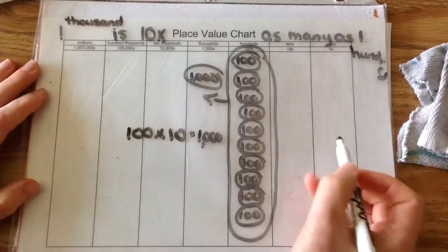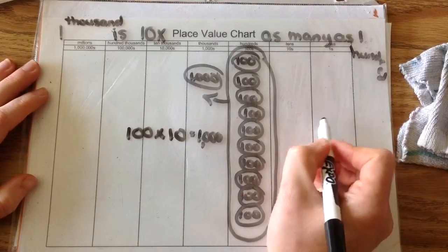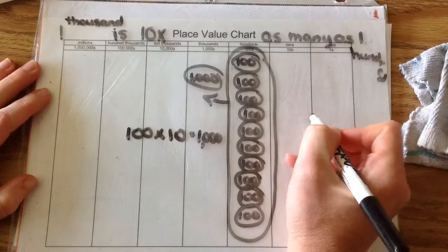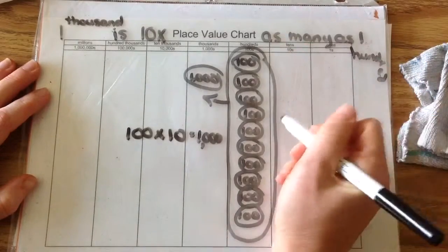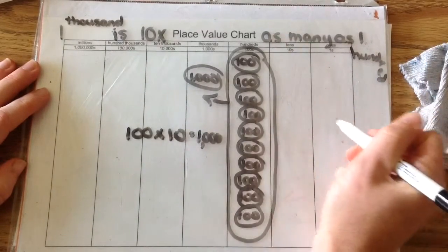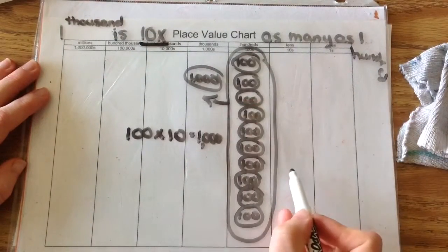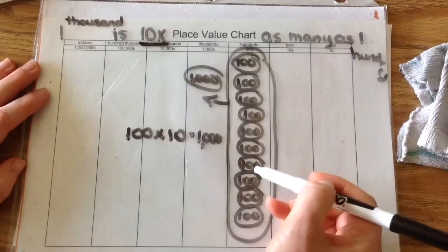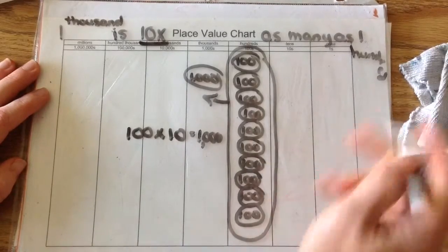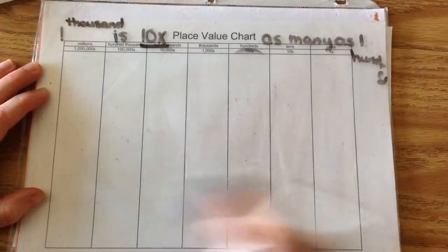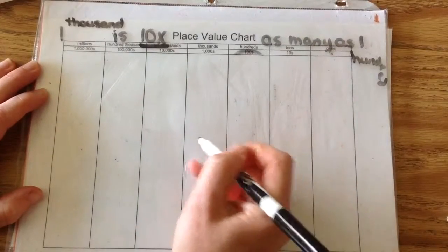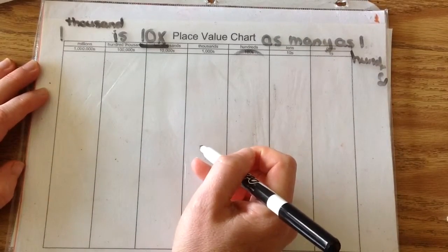Did you notice how when we went from ones to tens, we moved a whole place? We shifted to the left. So 10 times makes us shift to the left. When we had 10 tens, we shifted once to the left to get 100. When we had 10 hundreds, we shifted once to the left to get 1,000.